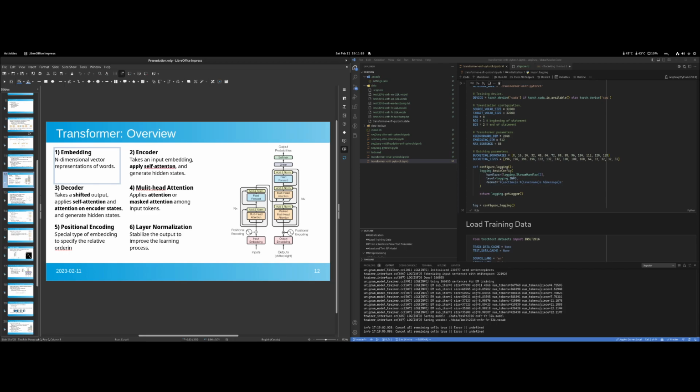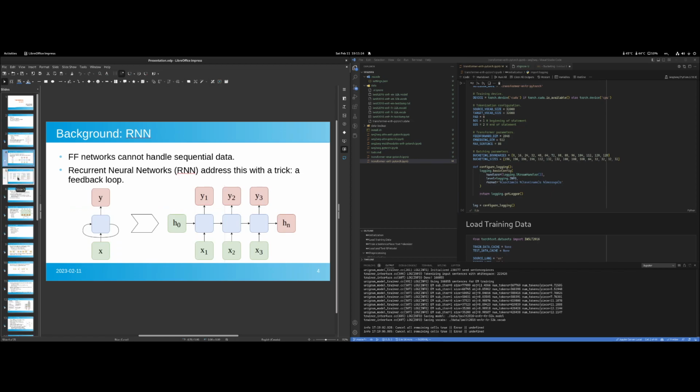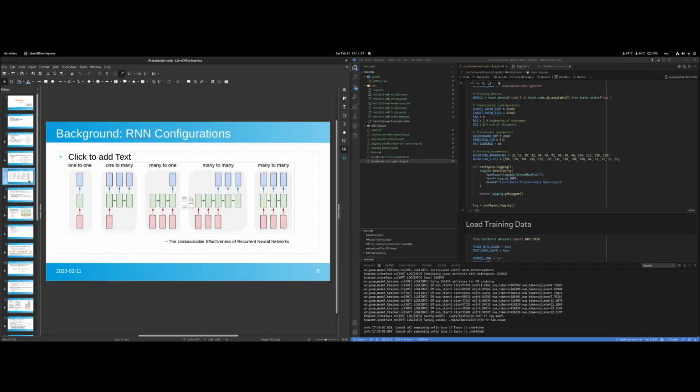So if you recall, we talked about how, for example, a translation can be done pre-transformer. We talked about the idea of having a many-to-many neural network, in which your source sentence is fed into the recurrent neural network and converted into some kind of hidden representation, and then you start from the hidden representation and try to decode it into your target language.